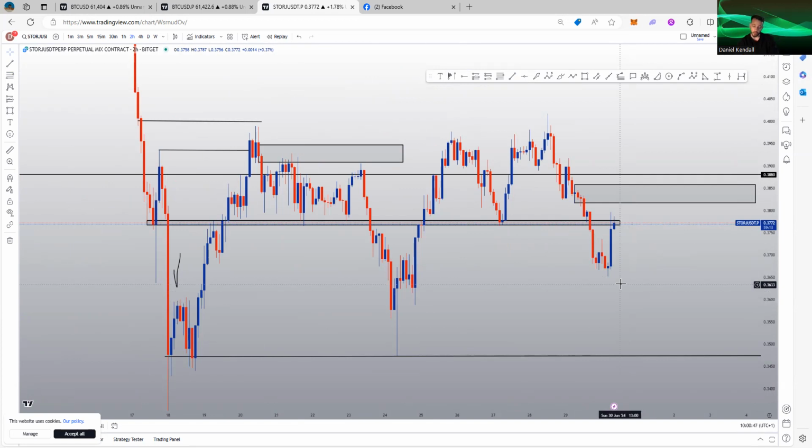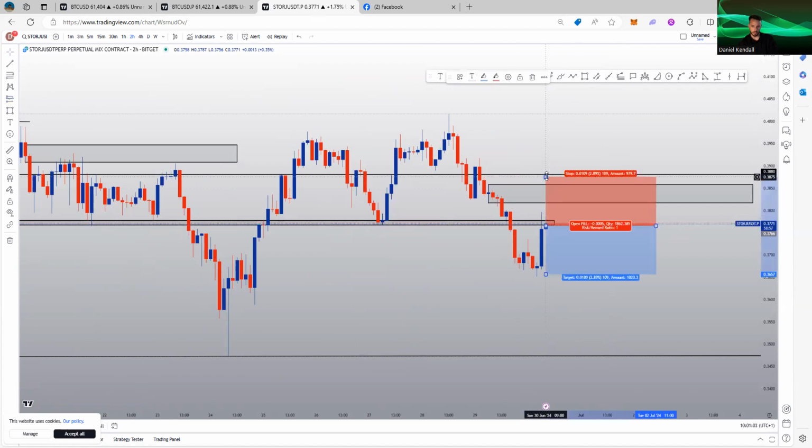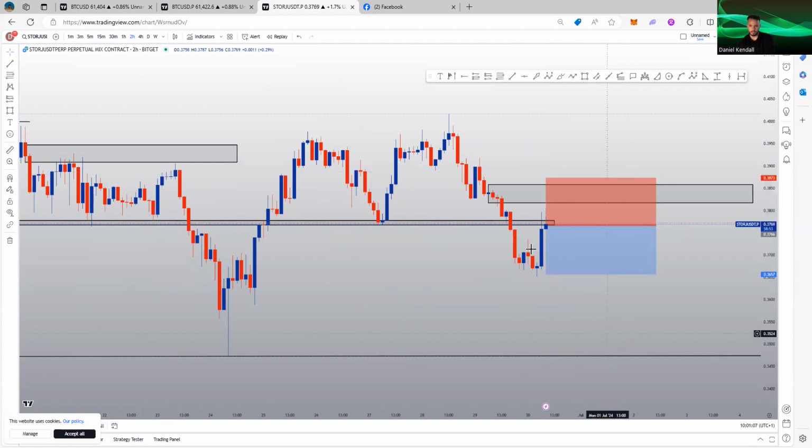Or you could do the same sort of thing I explained with Jasmine. You could market order in with half your position and then maybe put a limit order just at the bottom of that block and stop loss up here. So let's just say you market ordered in there. Your stop loss would be just above this order block here. And then you had, say, a limit order just tucked underneath there like that.